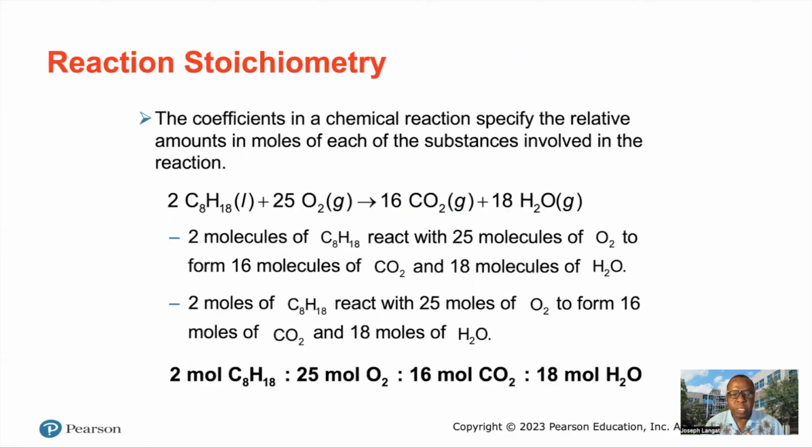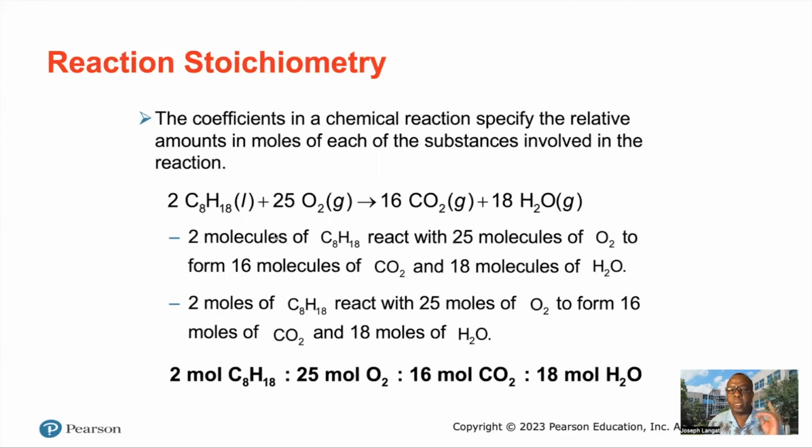We're looking at it in terms of moles. So you read this as 2 moles of octane react with 25 moles of oxygen to produce 16 moles of carbon dioxide and 18 moles of H2O.